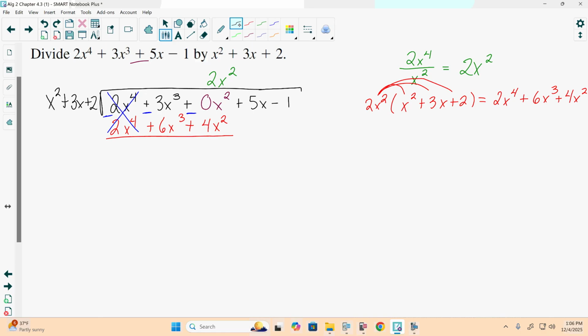3x cubed minus 6x cubed. 3 minus 6 would be negative 3x cubed. 0x squared minus 4x squared would be negative 4x squared. Questions on this here? Then our next step would be to bring the next term down, yes?